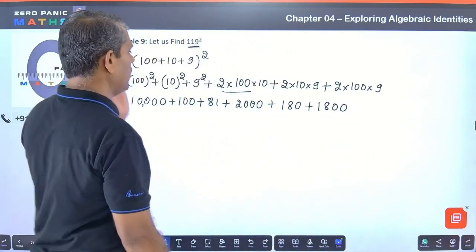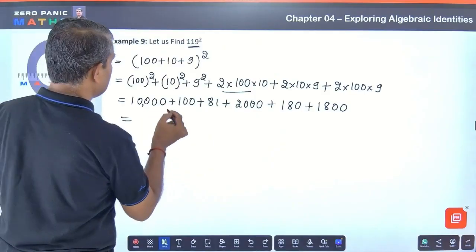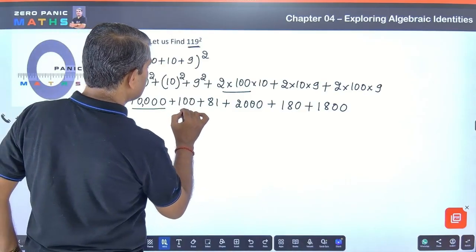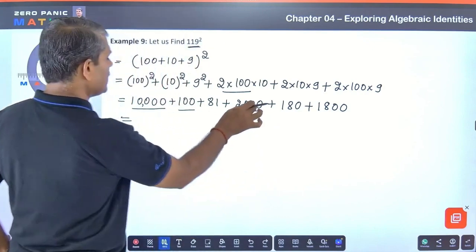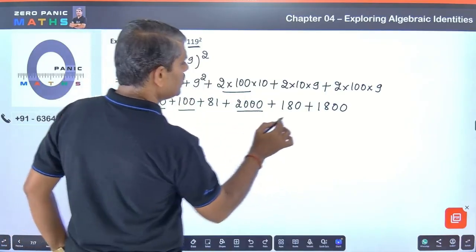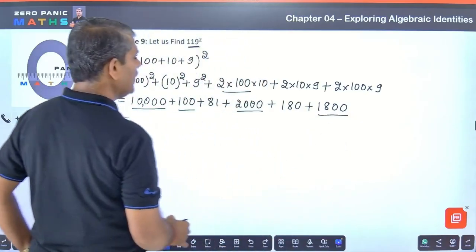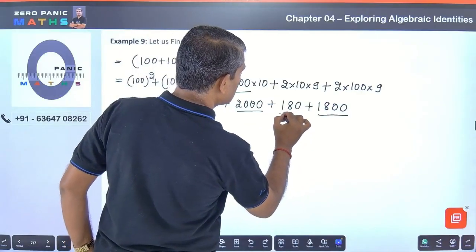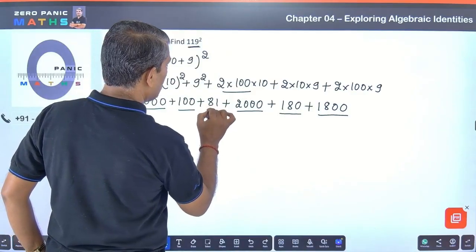2 zeros. Let us sum up all the things and see what result we get. 10,000 plus 100, that is 10,100. Here it is 2000. Let us first add here, that is 12,100. Then 13,900, then 14,080, and 14,161.